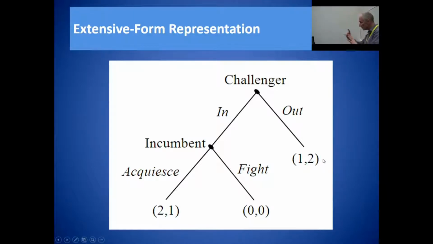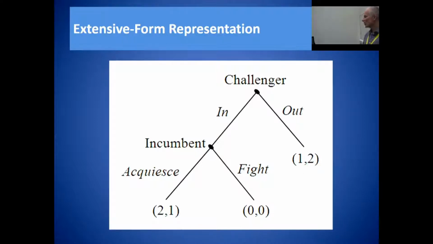Now, in a few minutes, I'll bring this all back, these numbers that I'm using, and just remind you how this reflects the preferences that we've just described. For the moment, though, what I want you to do is note the ordering of these numbers. I said the game ends and the payoffs are 1 to the challenger and 2 to the incumbent.